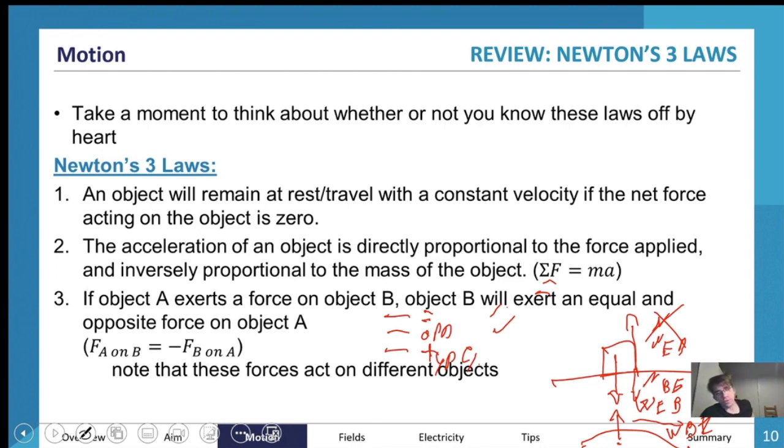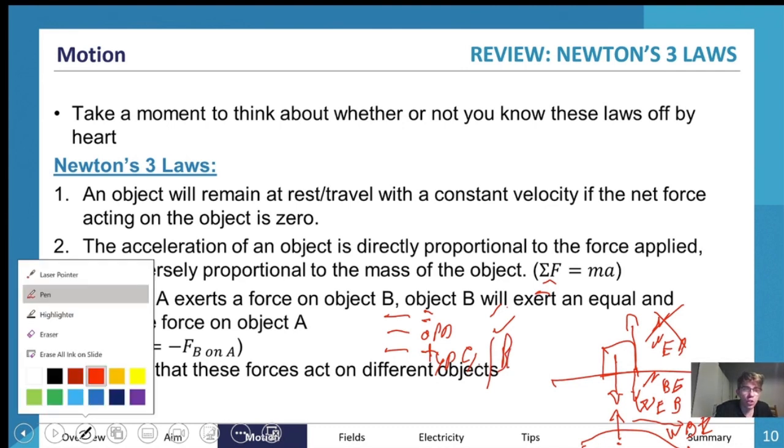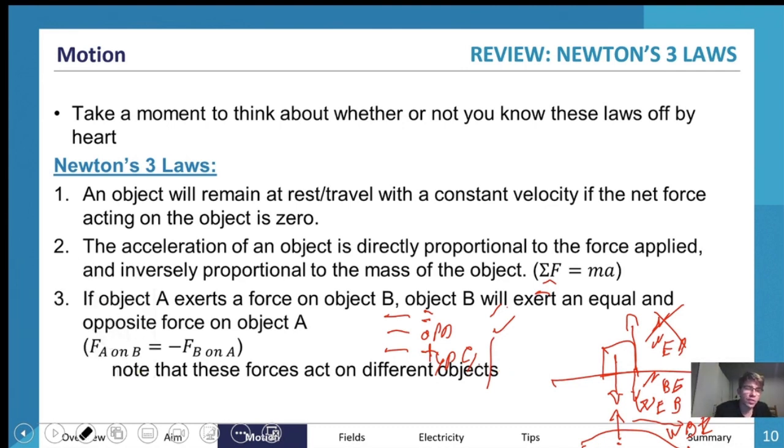To be action-reaction force pairs, usually they need to be of the same type, but I need to emphasize primarily they act on different objects. So physics, even though it might seem easy to understand, it can actually be quite complex as a subject. Even for these very basic concepts.